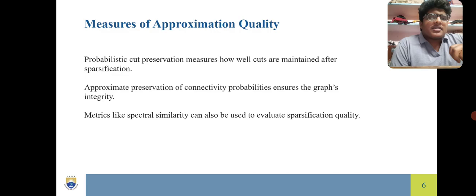Measures of approximation quality: probabilistic cut preservation measures how well cuts are maintained after sparsification. Approximate preservation of connectivity probabilities ensures graph integrity. Metrics like spectral similarity can also be used to evaluate sparsification quality.